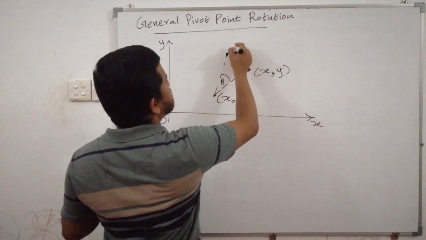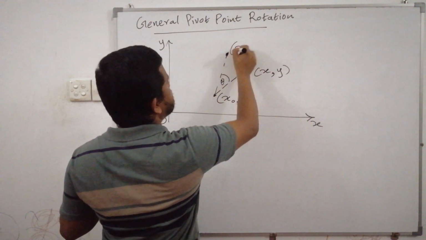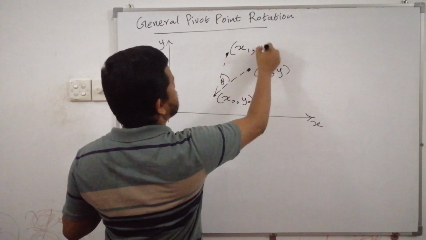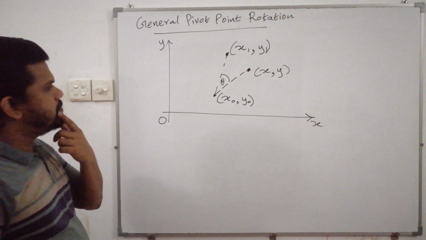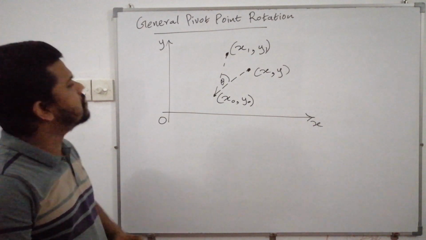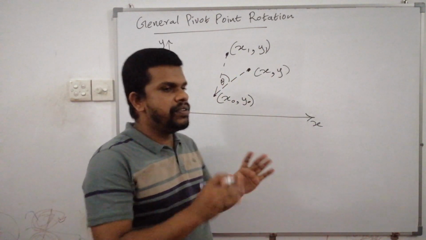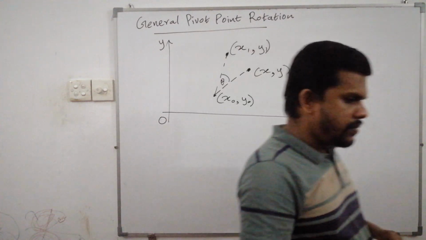Then let's say the coordinates are x1 comma y1. This is called general pivot point rotation.